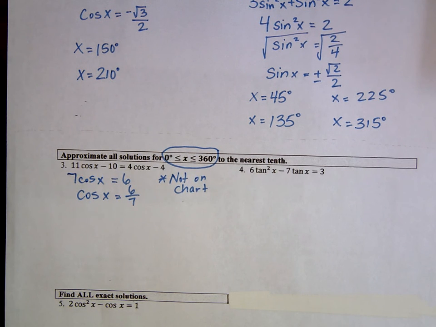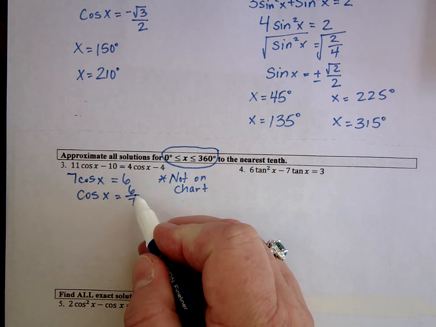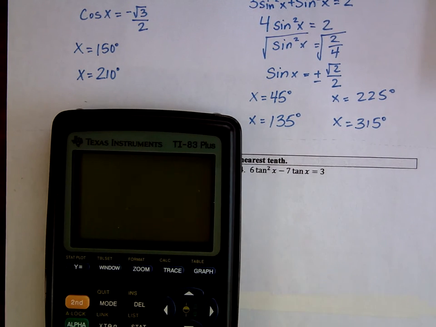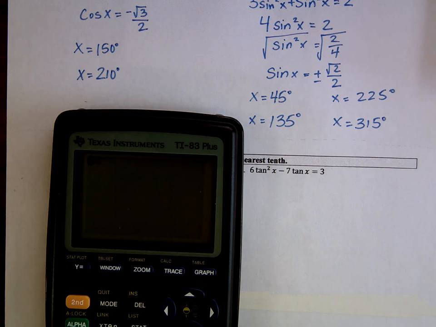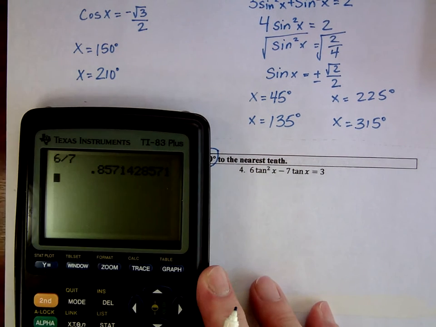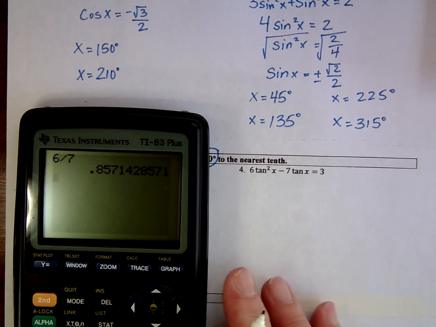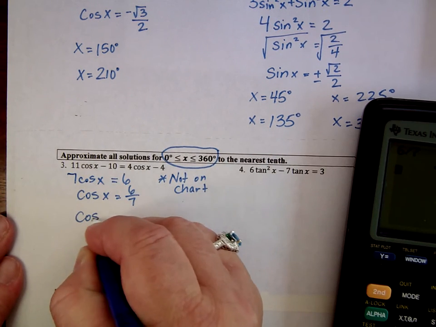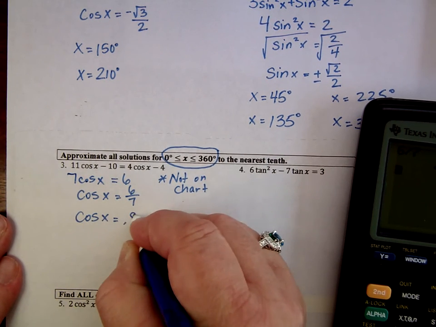What you want to do is convert this to a decimal. 6 divided by 7. So I'm going to take my calculator, and the first thing I want to know is what's 6 divided by 7? And I get 0.857. Just rounded to a few places. So now I really have the cosine of x equals 0.857.